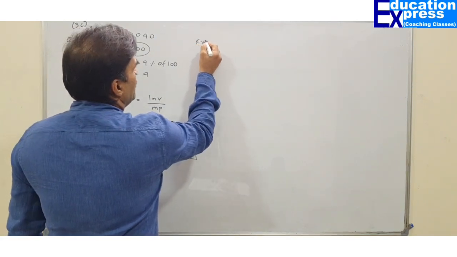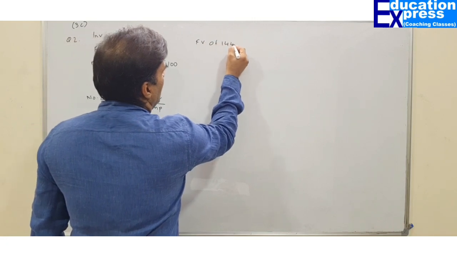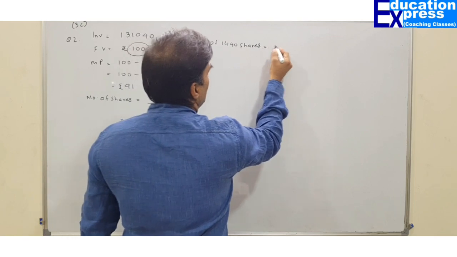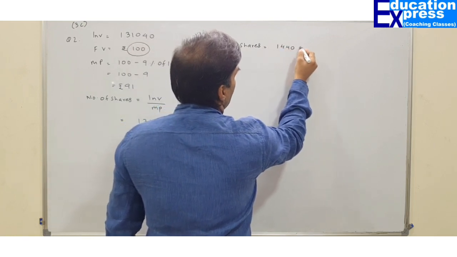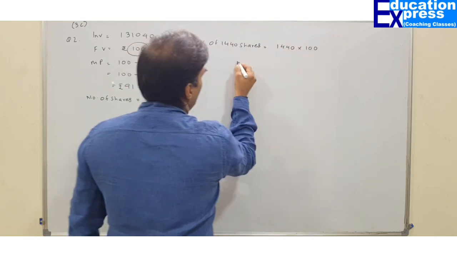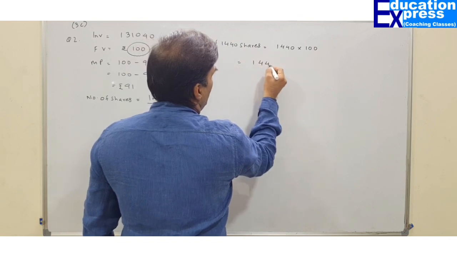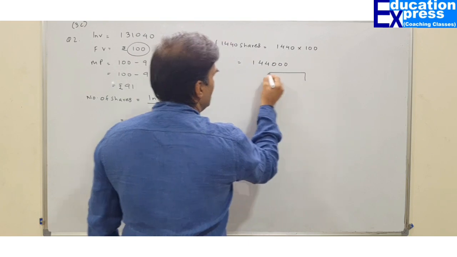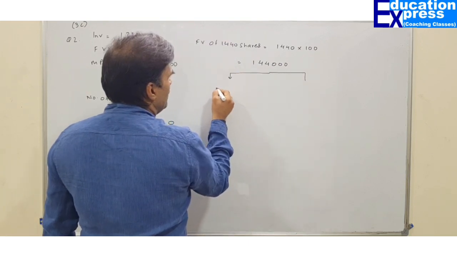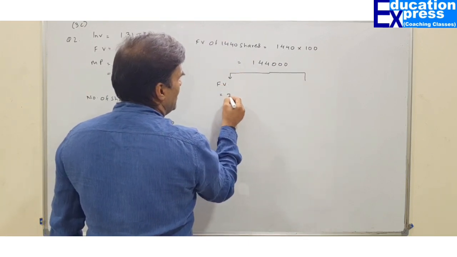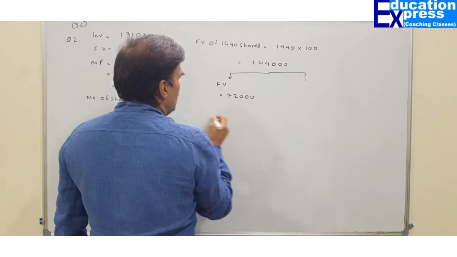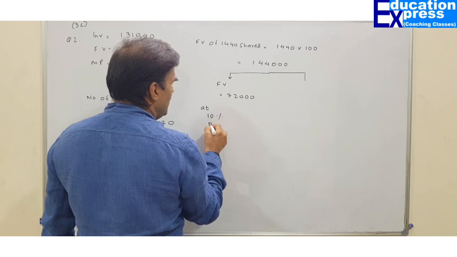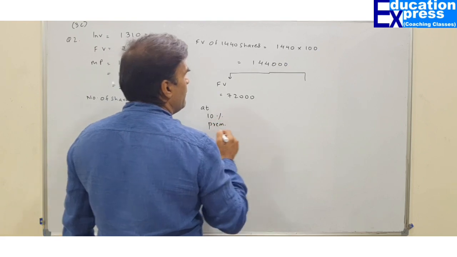So the face value of 1440 shares would be 1440 multiplied by 100. So 1,44,000 is the face value, of which shares of face value 72,000 were sold at 10% premium.